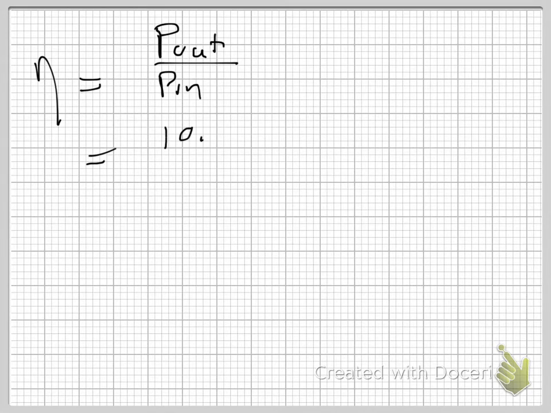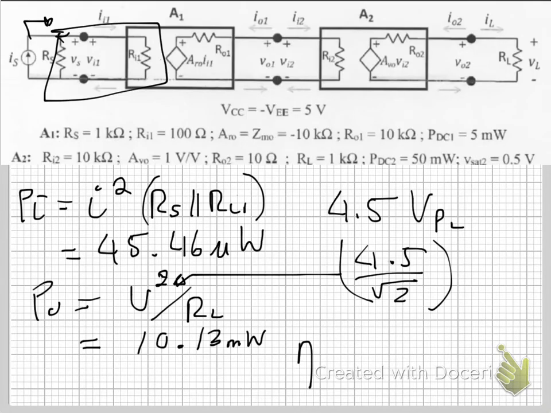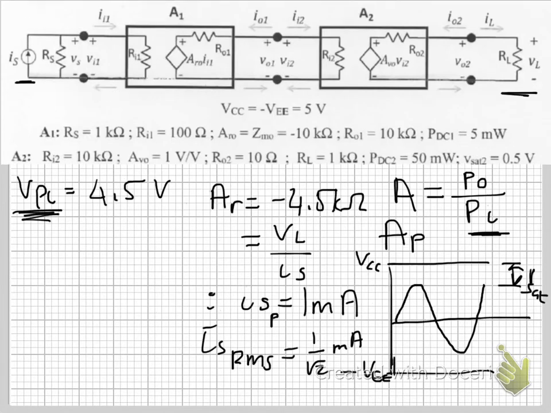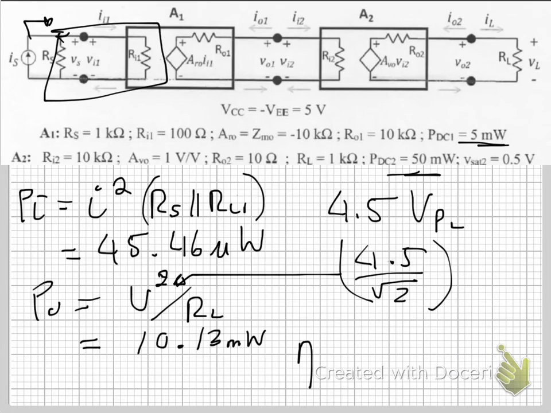Alright, so this means that your power efficiency will be power out over power in, which is your output power of 10.13 milliwatts, and your input power, which consisted of 5 milliwatts and this 45.46 micro.